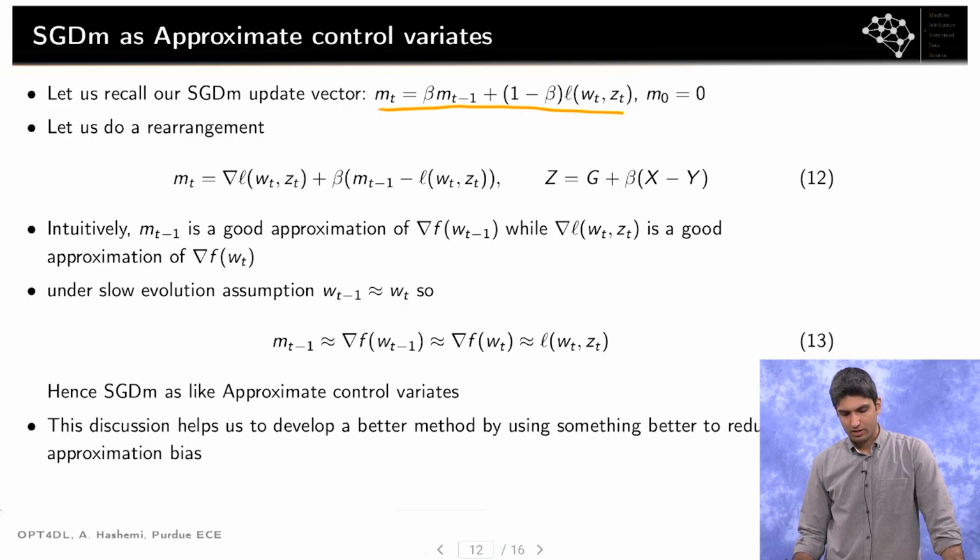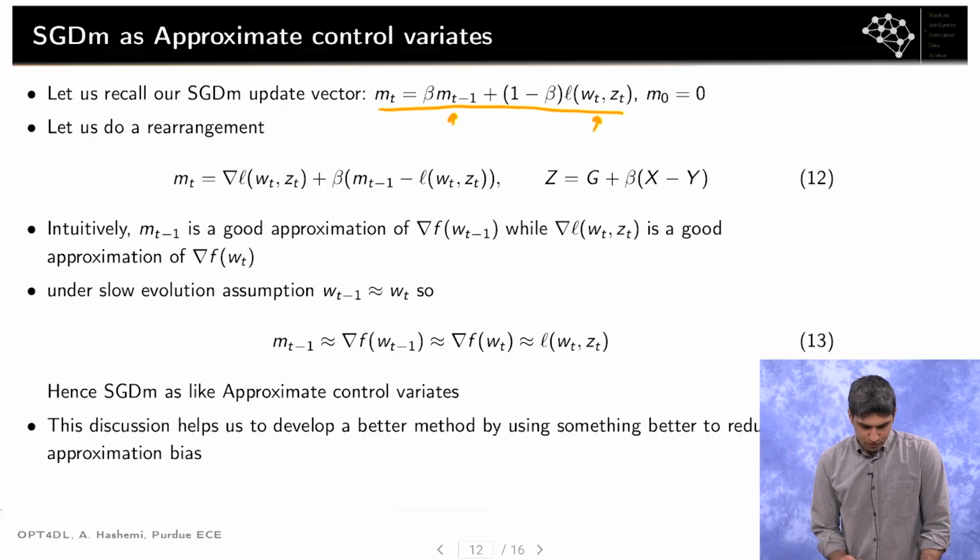Every time you basically do an exponential average over the stochastic gradients you've incurred, or put it differently but equivalently, you take a convex combination of the current gradient and the previous momentum, and use that as your update vector.